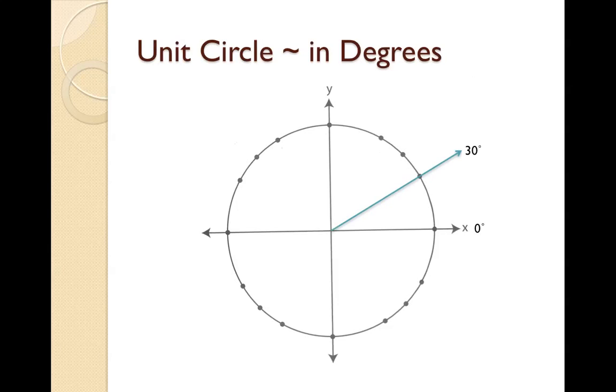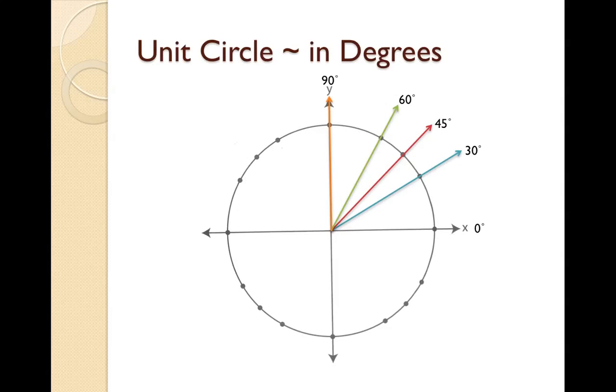If we rotate a line that goes through our first dot there, that's a 30-degree angle. The next dot would represent a 45-degree angle, and the next dot would represent 60 degrees. So we basically have 3 of these special angles in our first quadrant.